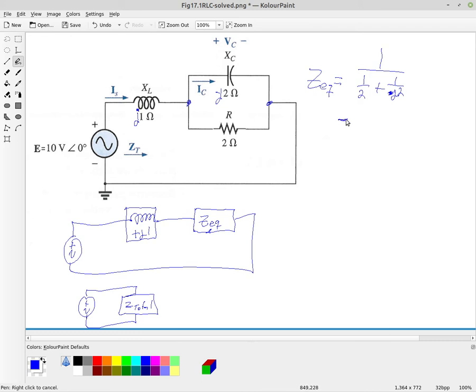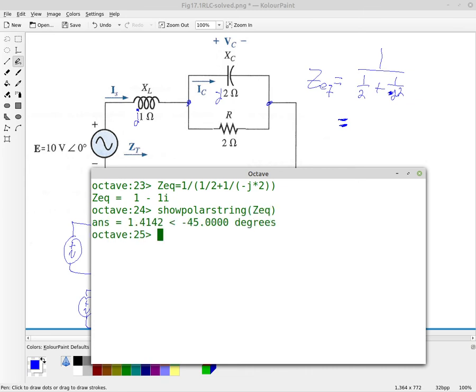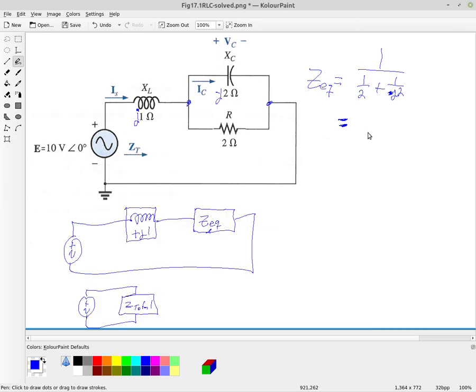So if you calculate that, then what you're going to find is that Z equivalent is going to be 1 ohm minus J 1 ohm. All right, and so if we wanted to look at the polar form of that, right? It's actually going to be the square root of 2 at an angle of minus 45 degrees.